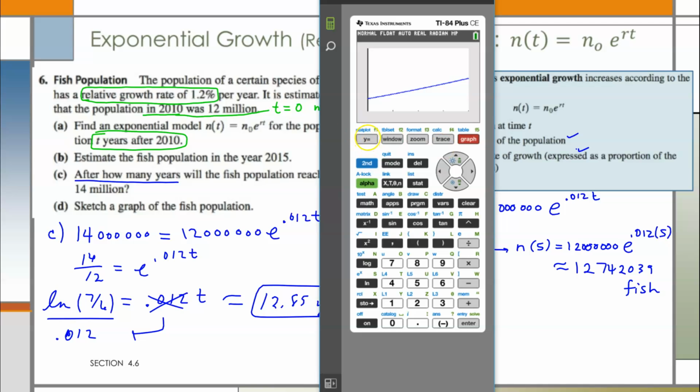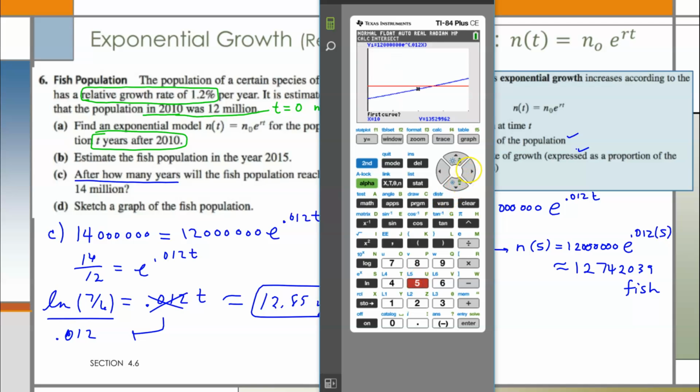Now, what I'm going to also put in here is another way to do part C. How many years will we reach 14 million? I'm going to go ahead and graph that horizontal line, 14 million. And we could check our by-hand answer by looking for that intersection point. Second, calc, intersection.